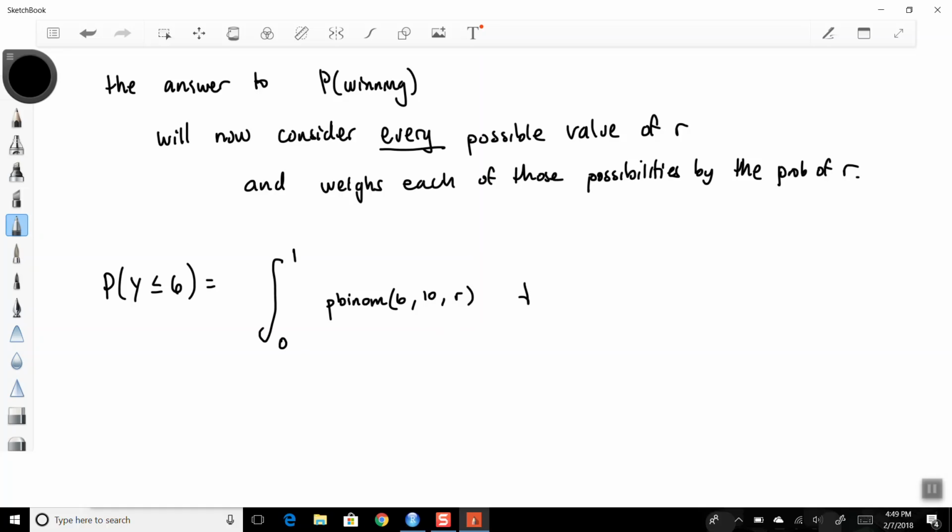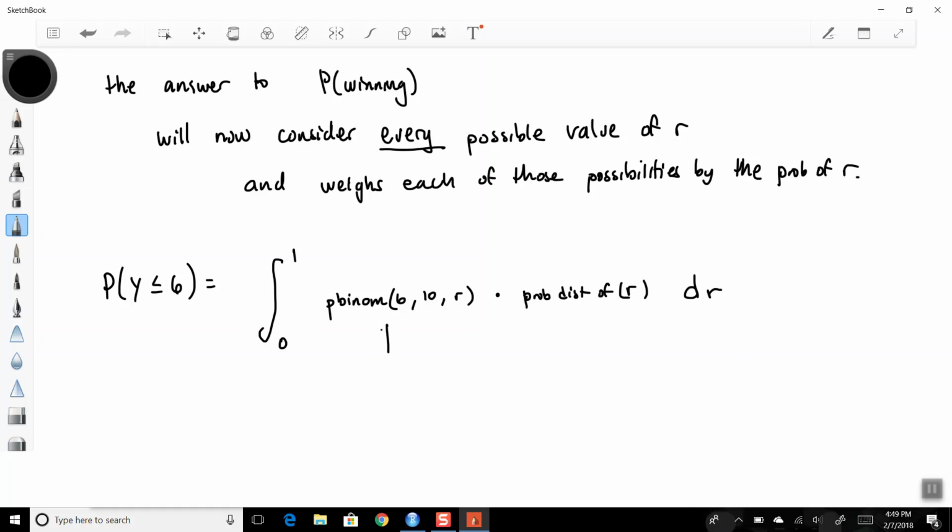And then we multiply this by the probability distribution of R, and then we integrate this over all possible values of R, okay?